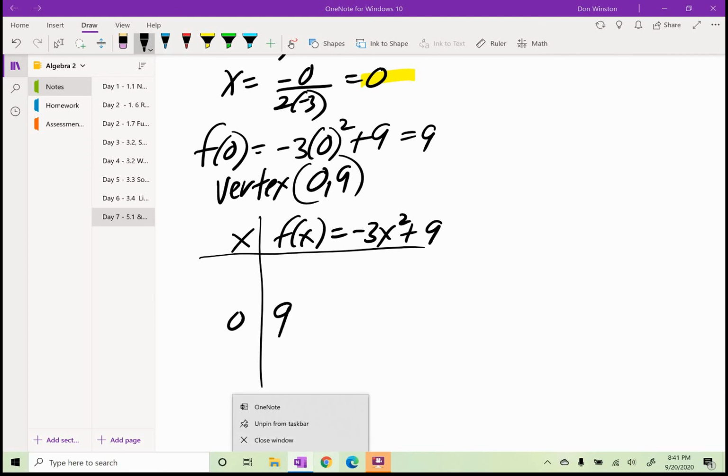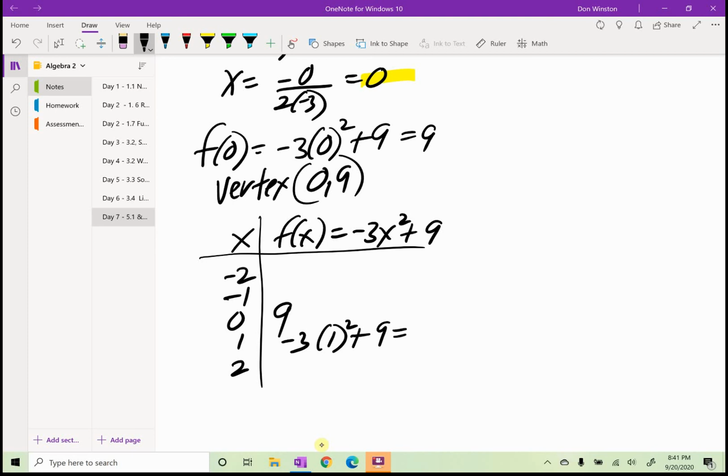Okay, I know that's 9. And then negative 1, negative 2, 1, 2. And so I'll deal with the 1, 2. So when x is equal to 1, I have negative 3 times 1 squared plus 9. So what does that give me? Positive 6. So negative 3 plus 9 is 6.